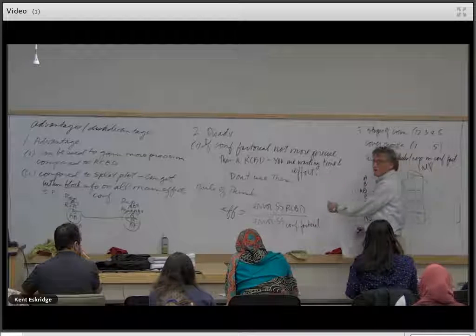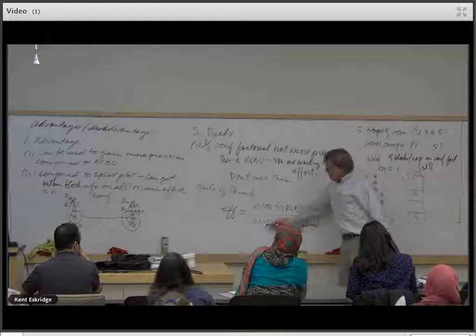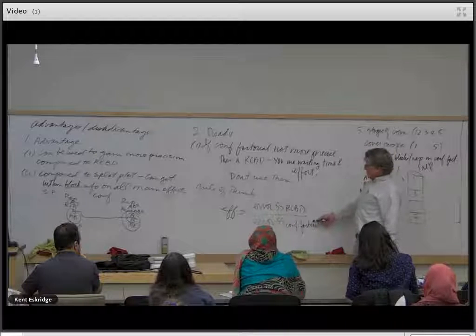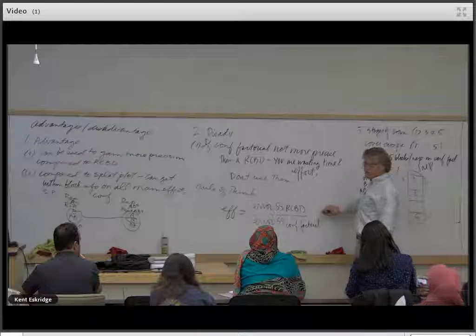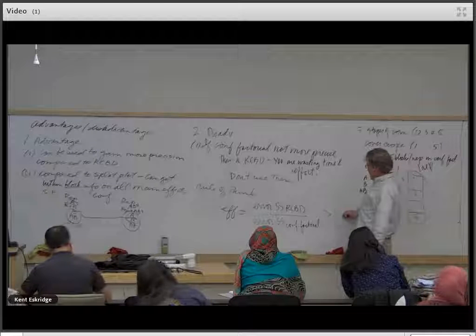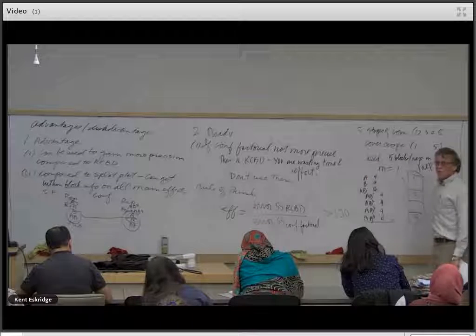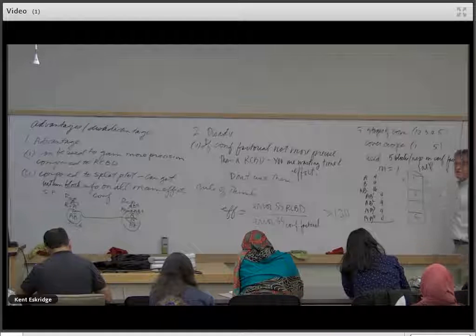I want this thing to be large, right? I want to show that the error from the confounded factorial is half the size of the error from the RCBD. So I want this thing to be large. So rule of thumb, if the efficiency of this factor is greater than 1.2, then it's worth running. In other words, you get at least 20% improvement in precision.